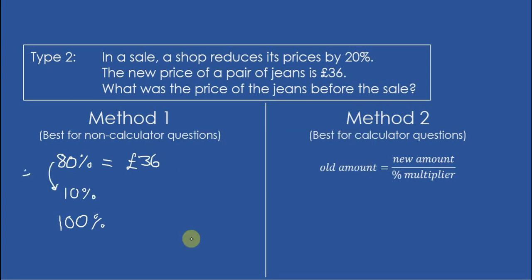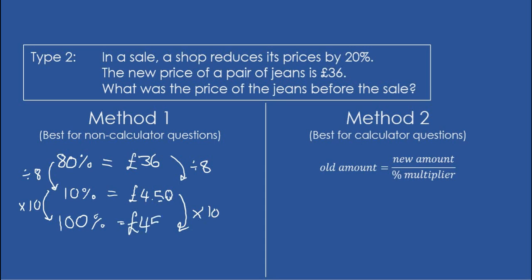I'm going to turn it into 10% by dividing by 8, and then I'm going to times by 10 to change it into 100%. So divide this by 8 and we get 4.5. So in other words, 10% is £4.50, and then times by 10, that means 100% must be £45.